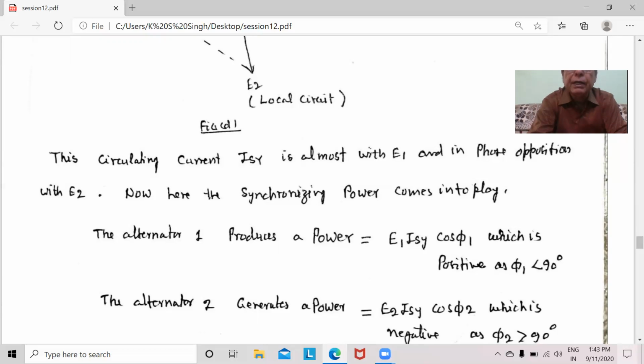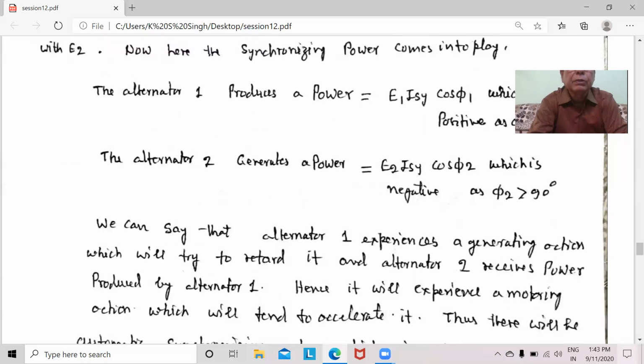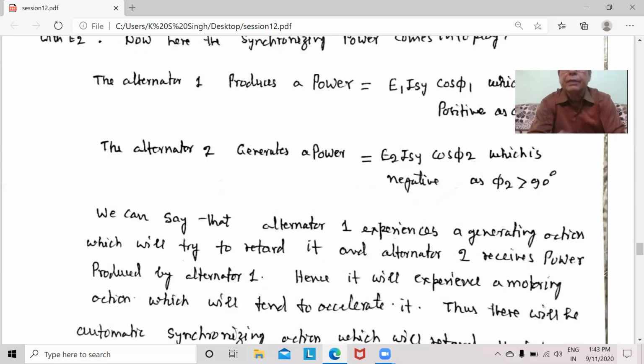So we can say that alternator 1 experiences a generating action which tries to retard it, and alternator 2 receives power produced by alternator 1. Hence it experiences a motoring action which tends to accelerate it.